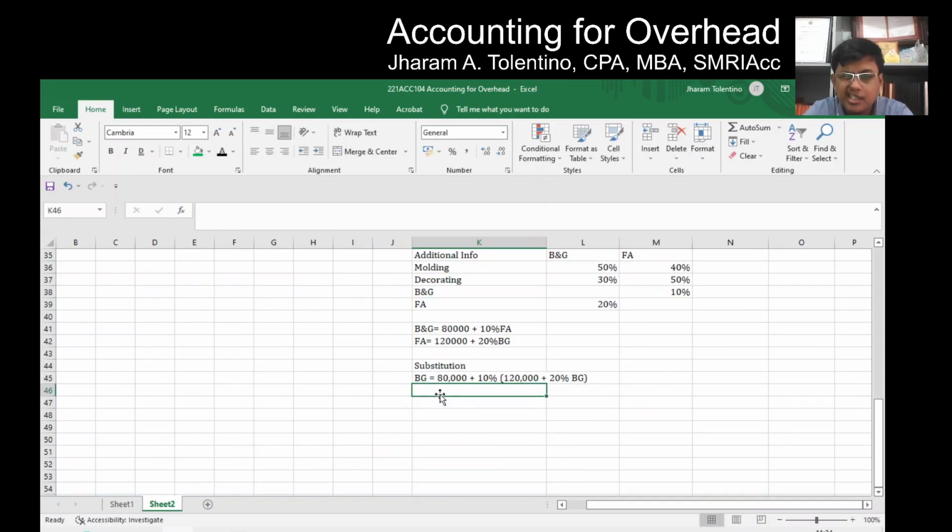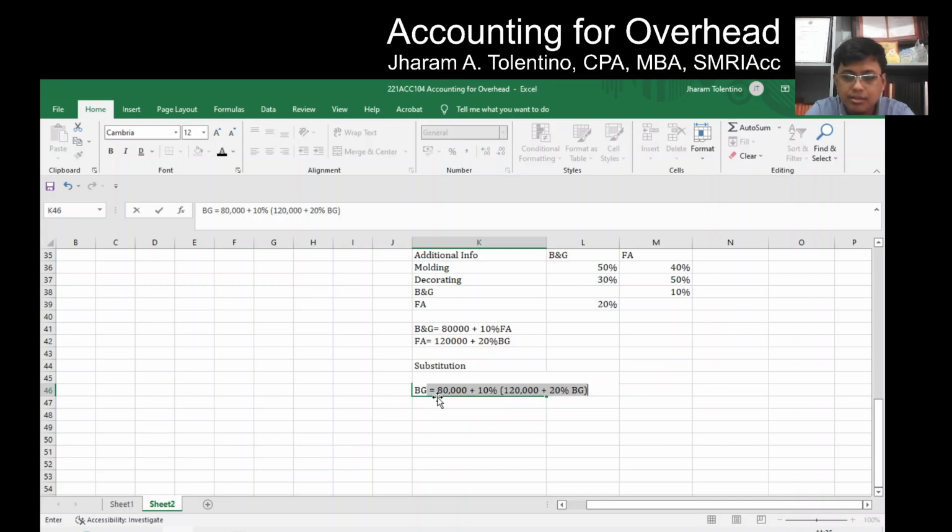So, gawin lang natin distribution. So, BG is equal to 80,000 plus anong 10% ng 120,000? That's 12,000 plus 10% ng 20% ng BG.